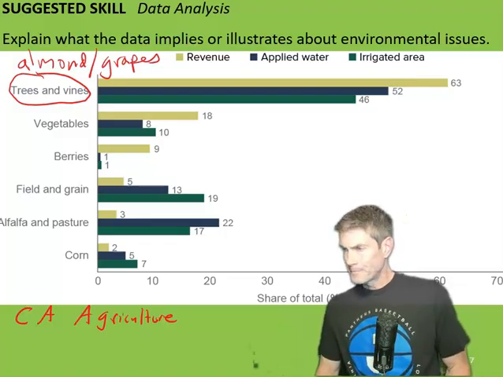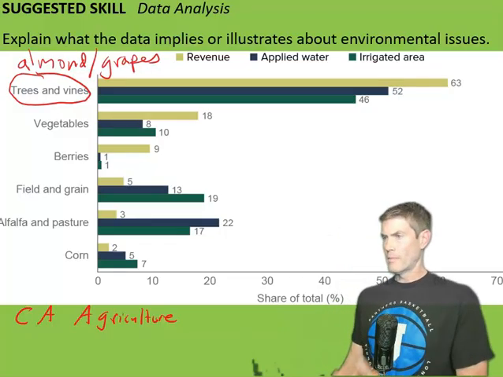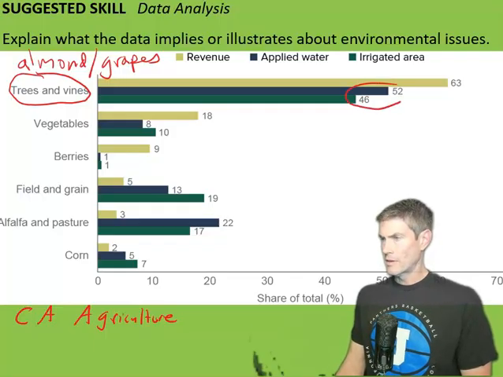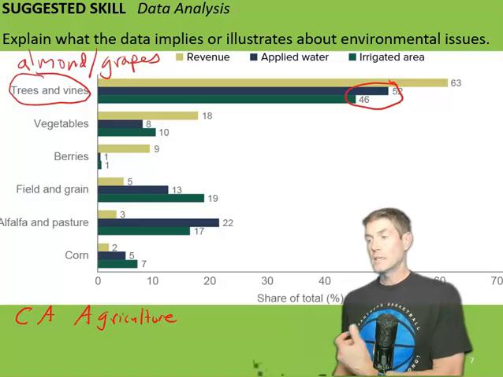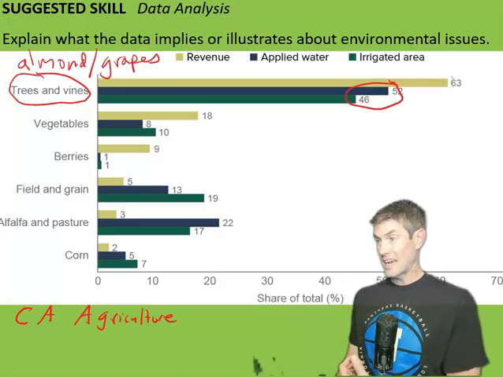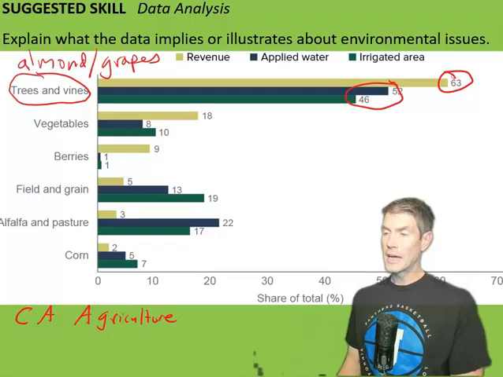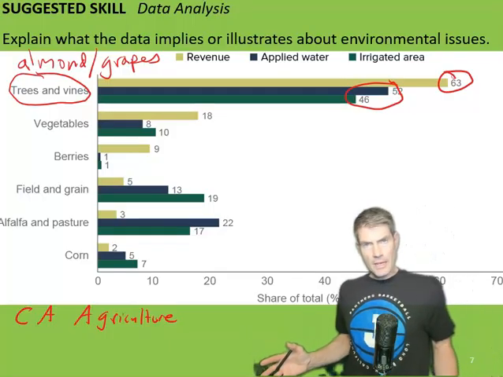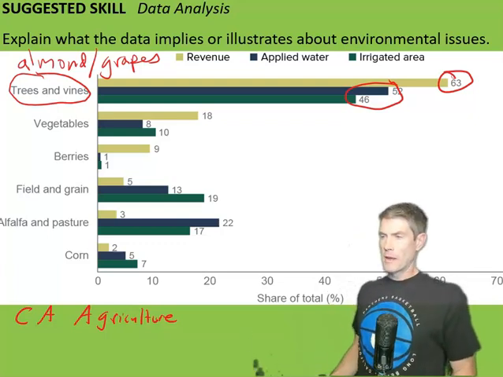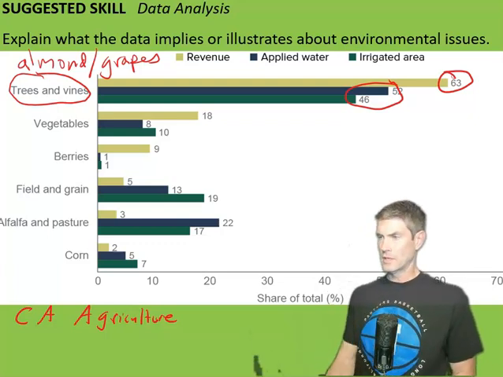And we can see the most water we apply in an area, and the amount of water. But you see the revenue is the highest for these. So this might be a good idea. It's a trade-off we're making, right, for the economy and the amount of water that we're using.